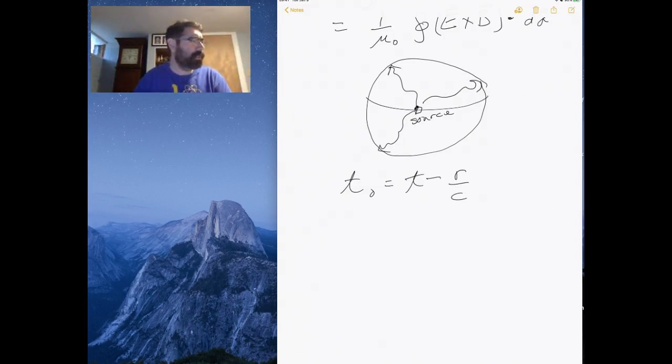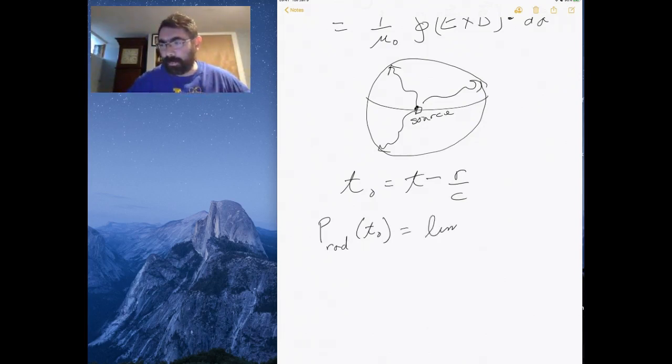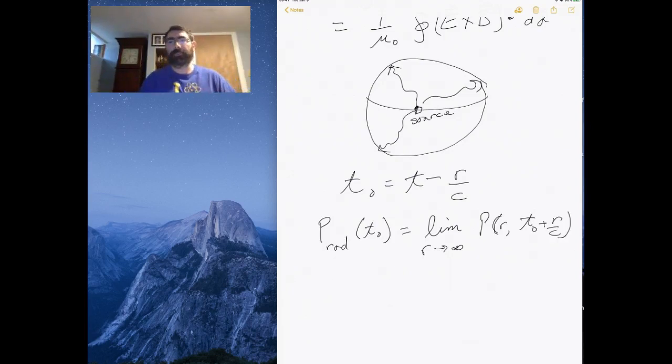So t0 is the initial time of when the energy left the source, and so the power in the radiation at its initial time is the limit as r goes to infinity of the power measured at some distance and measured at my current time right here.